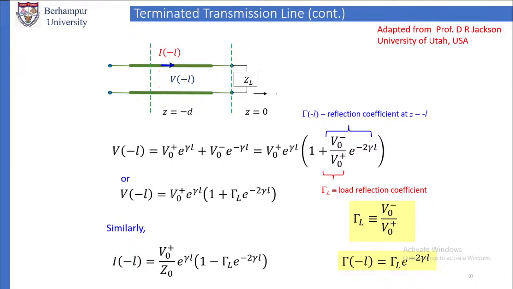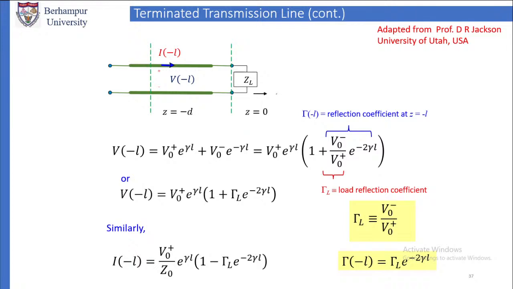Now V0 minus by V0 plus is called the load reflection coefficient. Why is it called the load reflection coefficient? Because V0 minus is the negative traveling voltage at Z equal to 0, and V0 plus is the positive traveling voltage at Z equal to 0.